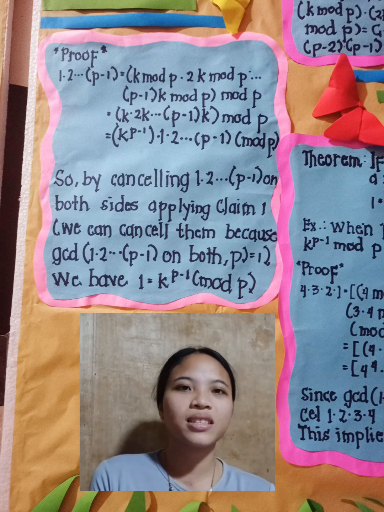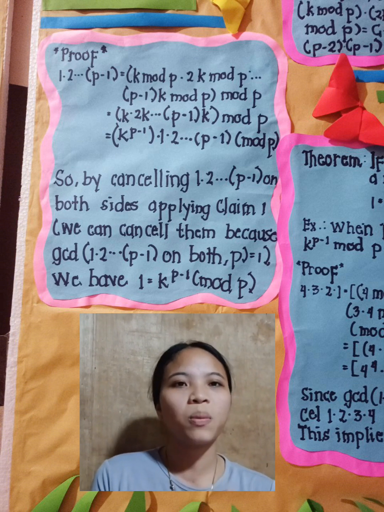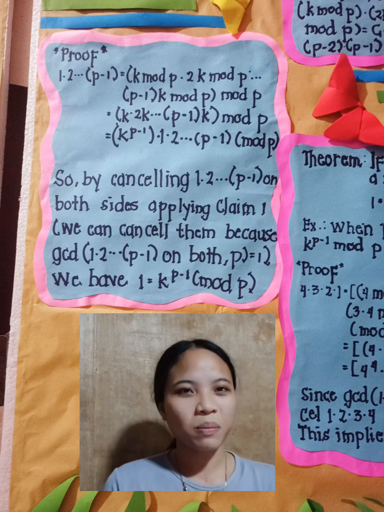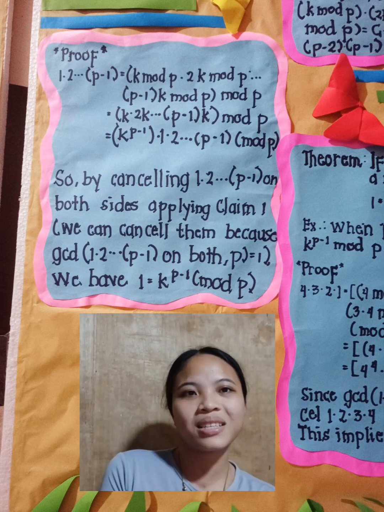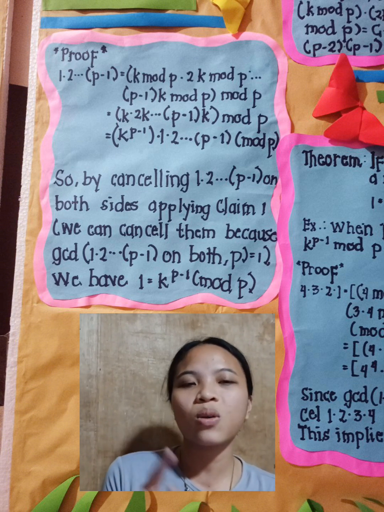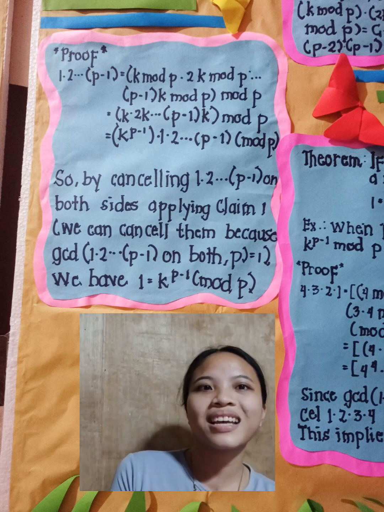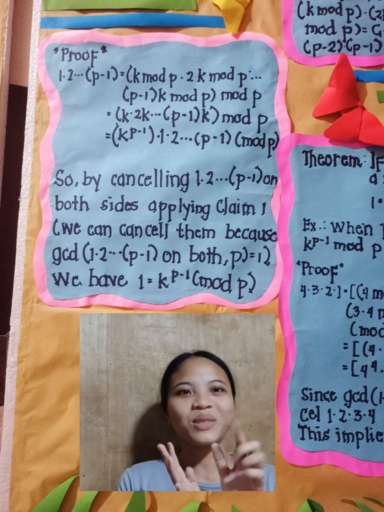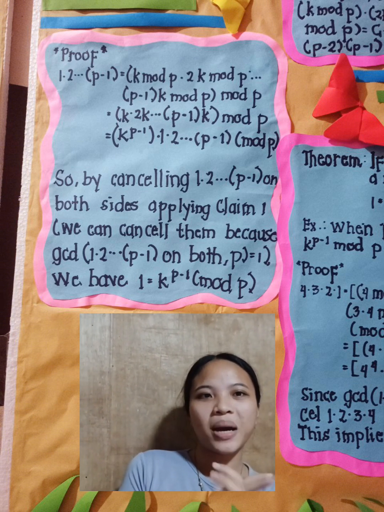So 1 times 2 and so on up to (p minus 1) is equal to ((k mod p) times (2k mod p) and so on up to ((p minus 1)k mod p)) mod p, which is equal to (k times 2k, and so on, up to (p minus 1) times k) mod p, which is equal to k to the power of p minus 1 times (1 times 2 and so on up to p minus 1) mod p.